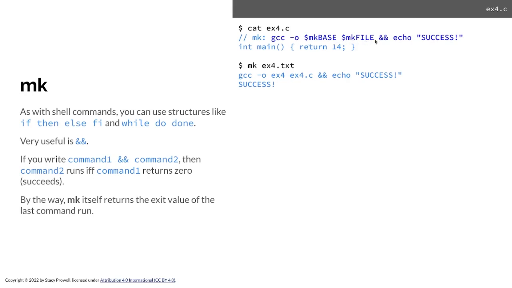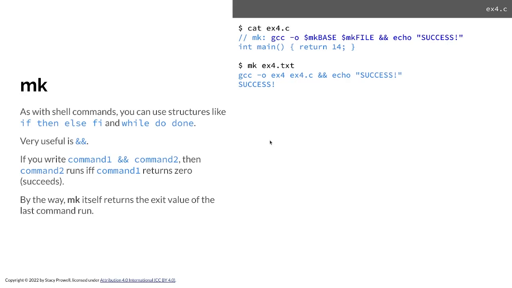Well, $MAKEFILE is the file name itself, and $MAKEBASE is the file name without the extension. So this is going to be ex4.c, that's the file name, and this is going to be ex4. If this works, if GCC returns 0, it's then going to echo out success. So when I make it, you'll see it prints out the line that works, and then it prints out success.